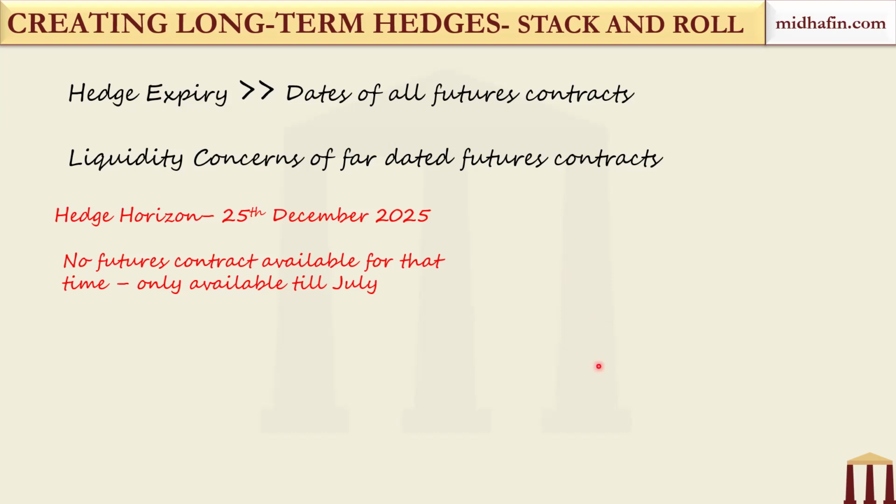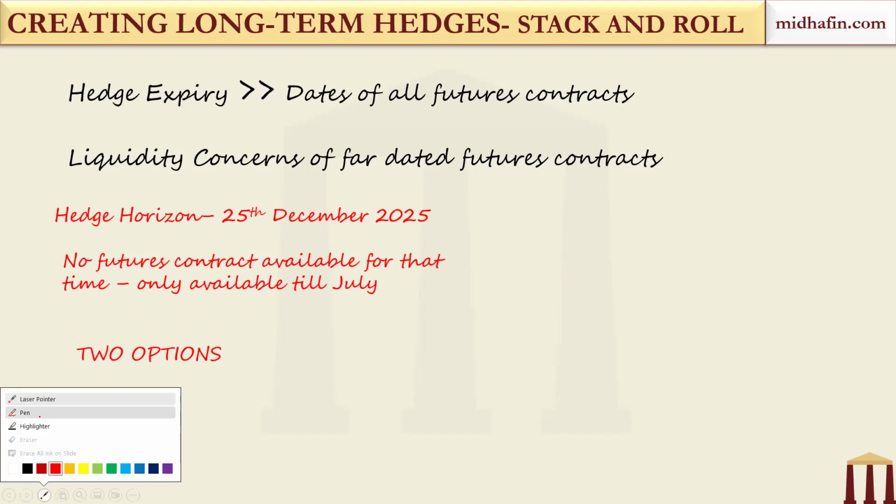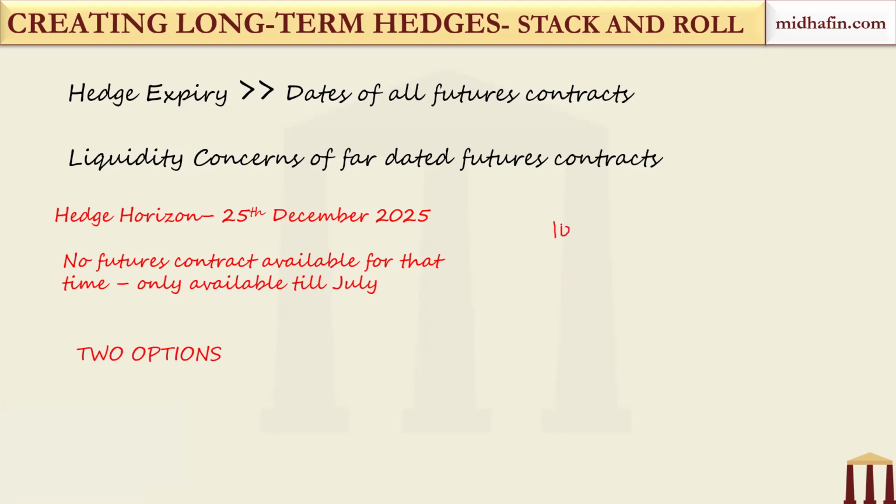have two options. We can either go for, and I'm assuming that, just give me 1 minute. I'll just use the mouse only. Sorry, I forgot. I'm assuming that today is, say, 10th of Feb.